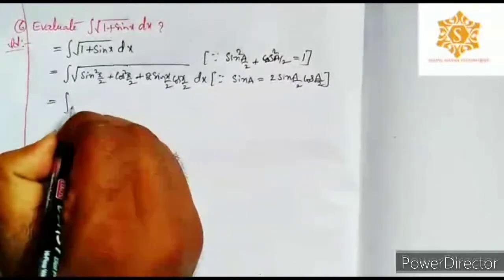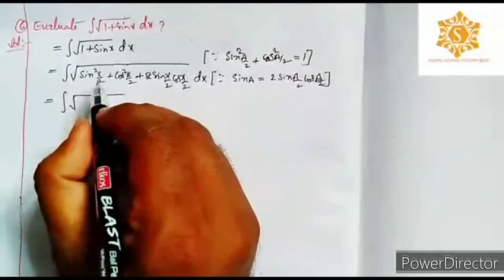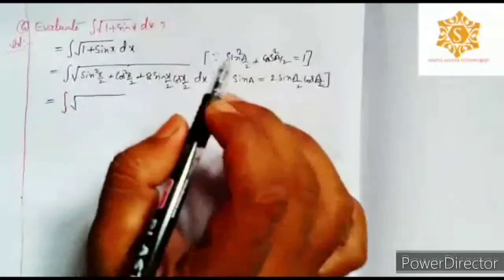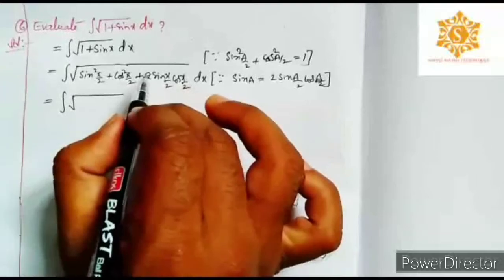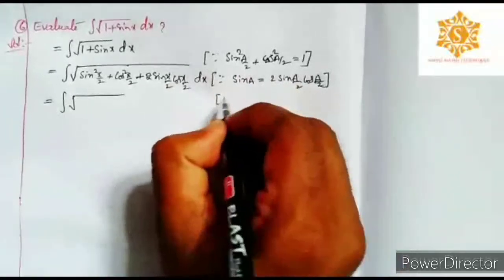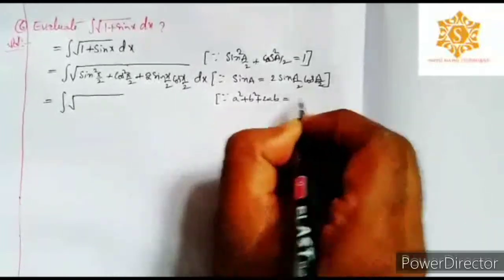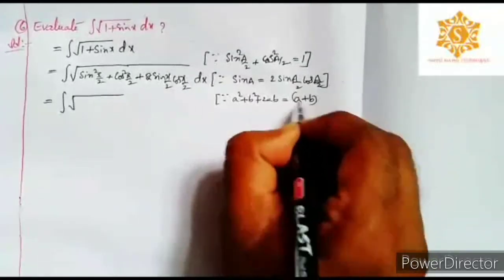So integration of square root of, here we observe it is a square plus b square plus 2ab. So it looks like the a square plus b square plus 2ab formula, which you can write as a plus b whole square.